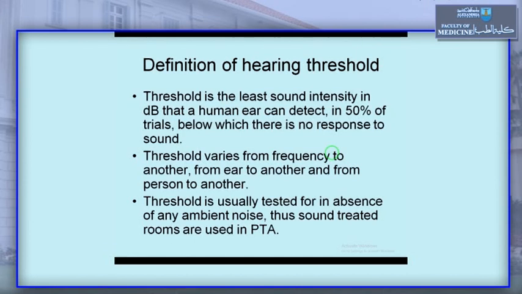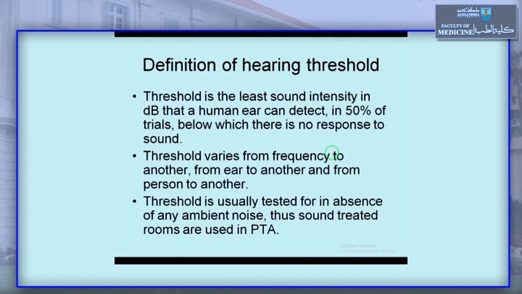Now 50% of trials means that if I give you this tone 10 times, in 5 times you will say, yes, I think I can hear it, I can barely hear it. And in 5 times you say, I don't think I can hear it. So the sound is very faint. Now we test for threshold because threshold varies from one frequency to another, from one ear to another, and from one person to another.